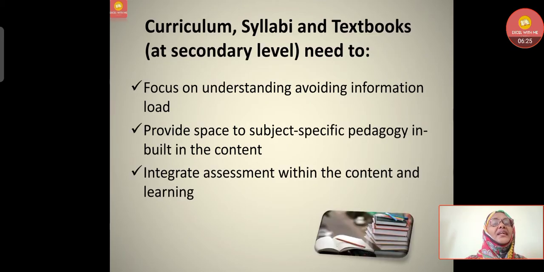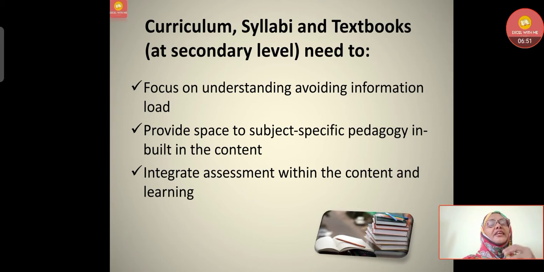Now let's understand what curriculum, syllabi and textbooks at secondary level need to focus upon. Number one, focus on understanding, avoiding information load. Obviously, they should focus on understanding rather than overloading with information. Then provide space to subject specific pedagogy inbuilt in the content.